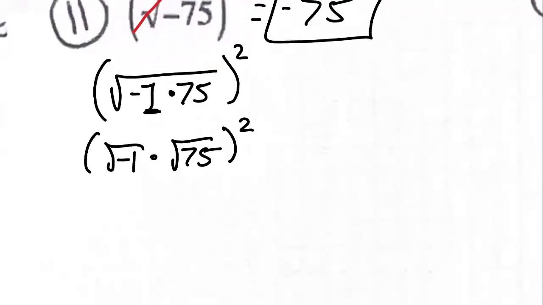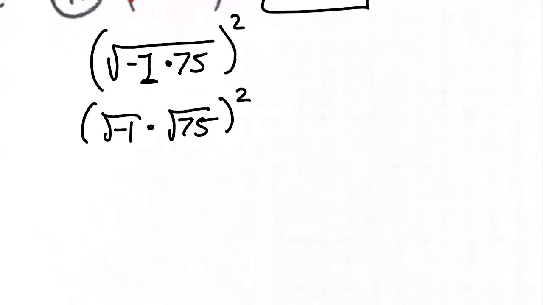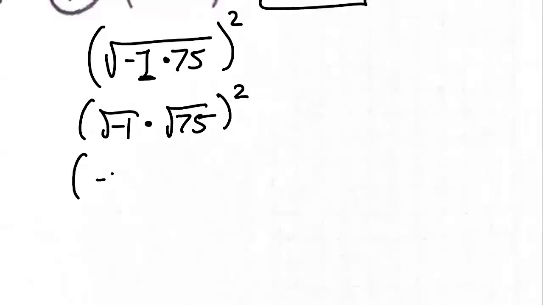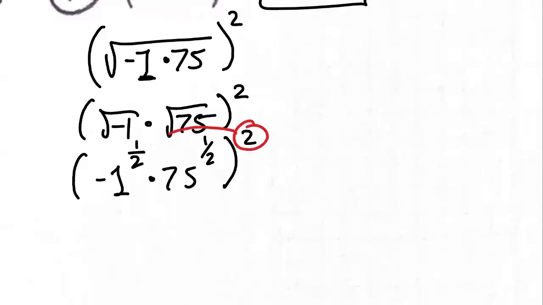Squared. Then you should know to convert radical to exponential. The square root of -1 is just -1 to the power of 1/2, times 75 to the power of 1/2, all squared. Now the power of exponents to exponents means you take this exponent and multiply it to each of the exponents inside.